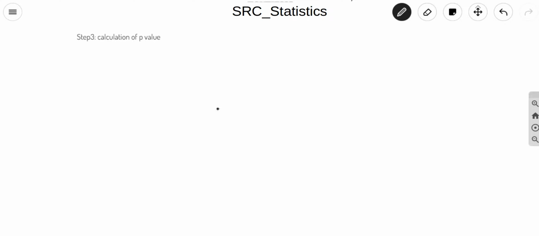So calculation of p-value. Since this is a left tail test, the p-value will be at the left side of the t distribution. Okay, so the p-value lies here, and p-value is calculated on the basis of the calculated value of test statistic. So the area towards the left of negative 4.06 is our p-value.